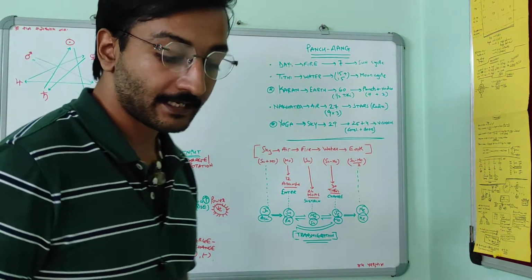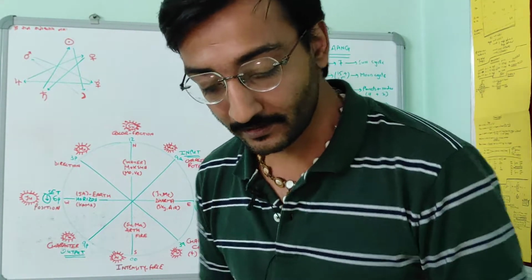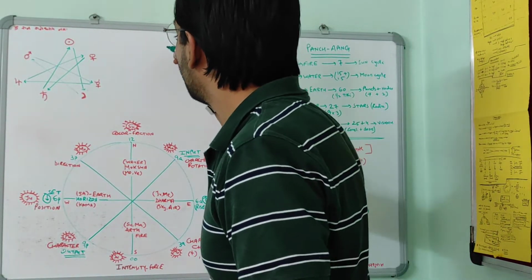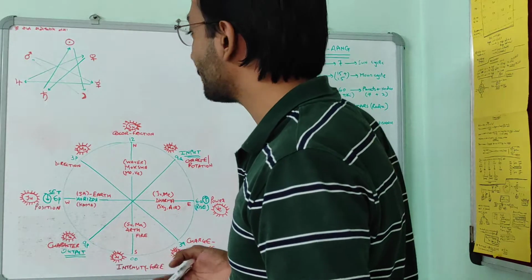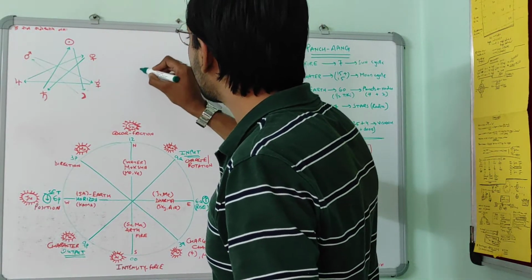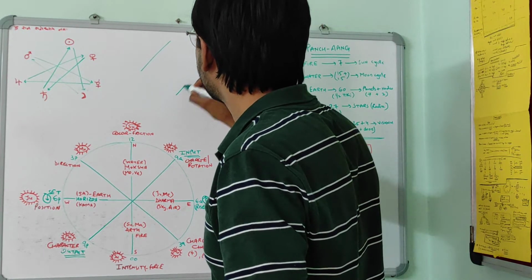Let's take an example of my chart again and let's see how things are going. Just take the D1 chart. Not necessarily the D9 chart right now, but in your calculation further you can take it, I am just giving an example.